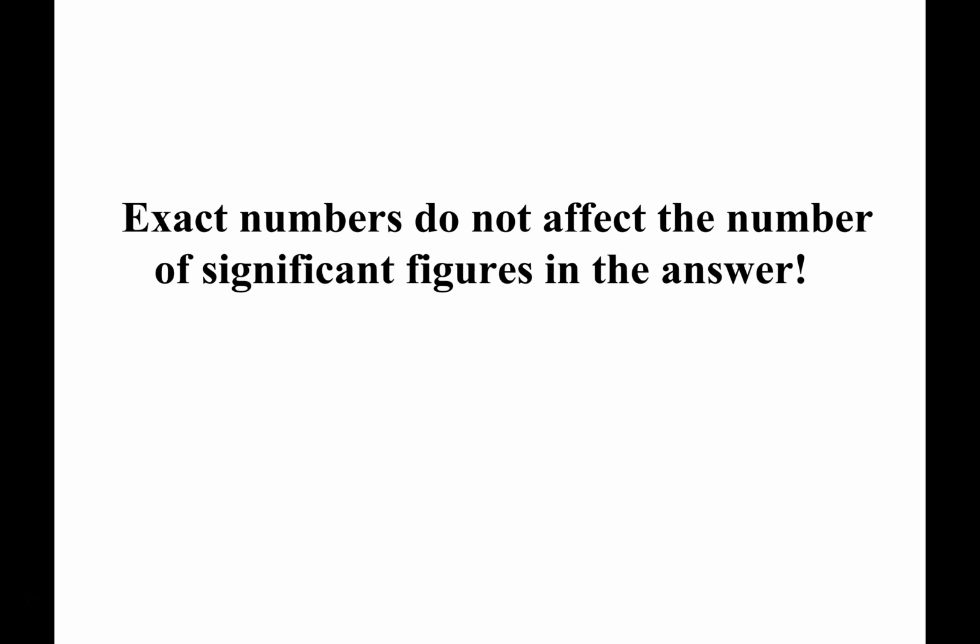If in your calculation somewhere, like if you're multiplying 10 numbers, and one of those numbers is an exact number because it's counted, or exact because it's by definition, you don't count that as introducing any uncertainty. So you don't count that when you're multiplying or dividing and counting sig figs.